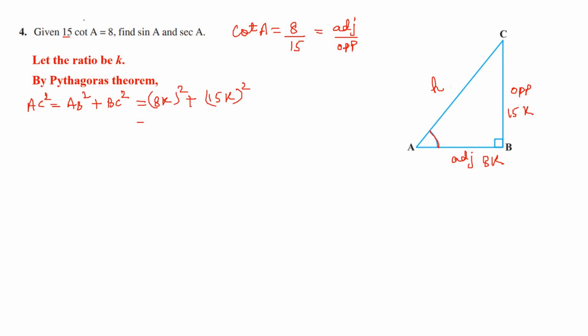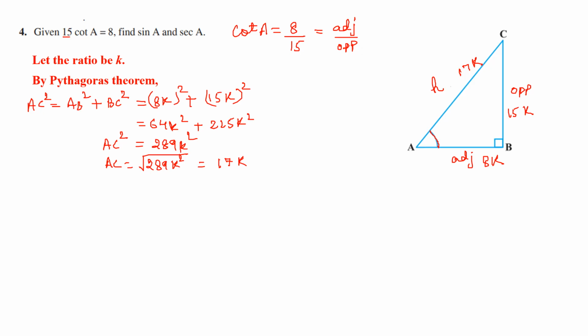So 64k square plus 225k square, and if you add it, you will get 289k square. Now AC square is 289k square. So the measure of AC will be root of 289k square. The square root of 289 is 17 and root of k square is k. So it is 17k. Hypotenuse is 17k.